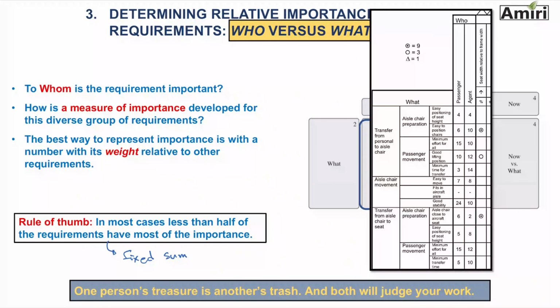We give you 100 points, and you have only 100 points to spend on all of these customer requirements. So if you sum up each of these columns here, the sum should be equal to 100 points.